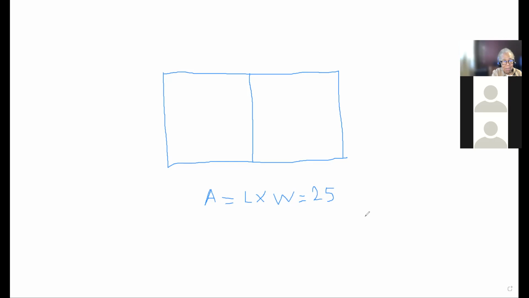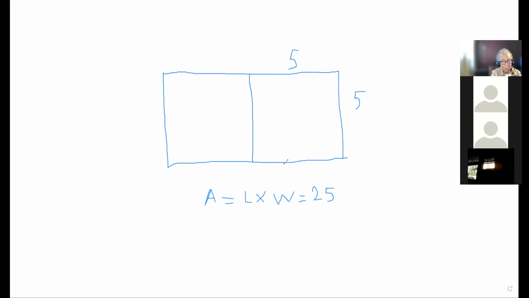What numbers multiply to give you 25? 5. 5, that's right, because we said they are a square, the length and the width are equal. So this is a 5 and this is a 5, right? Okay, so this is a 5 and this is a 5 because all the sides are equal.